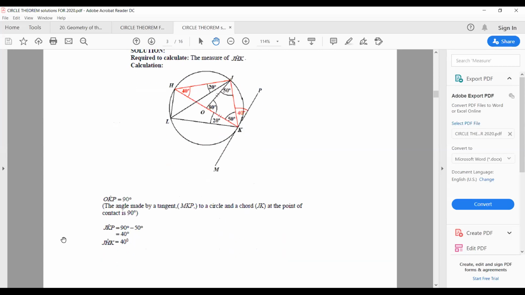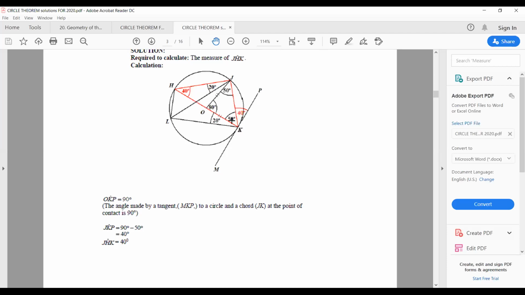Okay, folks? Yeah. And another method you could have used is this one here. We have O being the center of the circle. So from O to K would be a radius. And theorem 7 says that if we have a radius touching the tangent, then a right angle, or 90-degree angle, is formed.